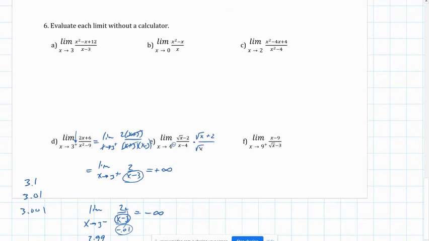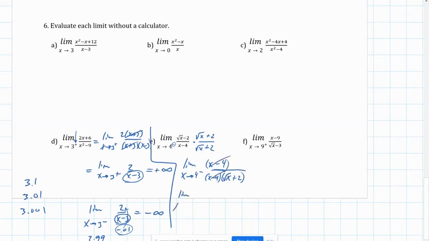So it was root x minus 2, so I'm going to multiply by root x plus 2 on the top and the bottom. So then that becomes the limit as x approaches 4 from the left of x minus 4 over x minus 4 times root x plus 2. And now we see the x minus 4's cancel.